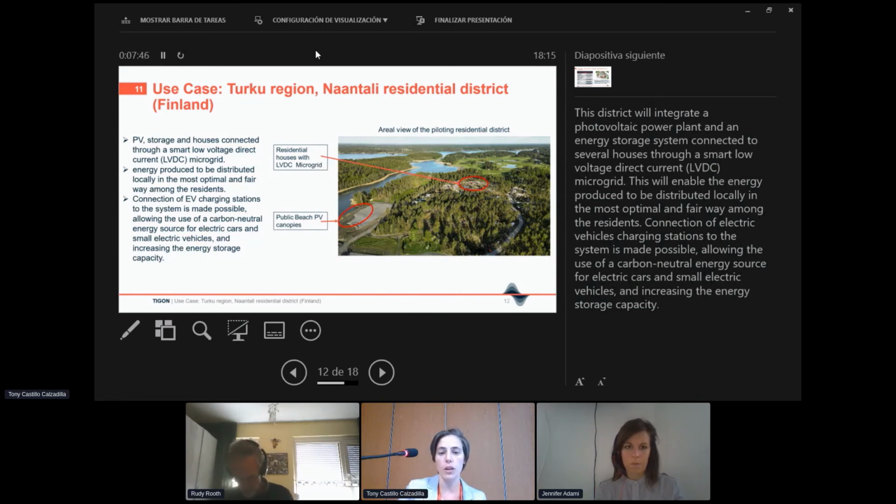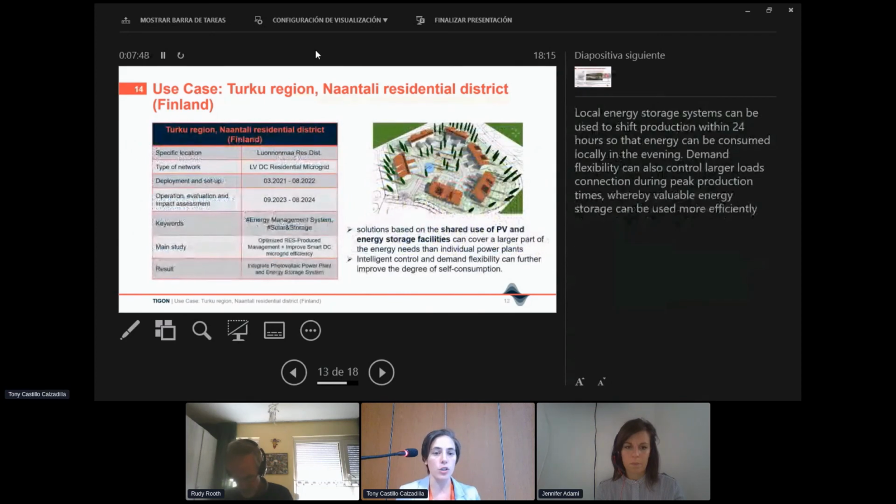The second case, which is again in the Turku region, but related to another district, is the Nantali residential district. And here, more or less, the solution is the same. We have a residential DC microgrid at low voltage, and the solutions are based on shared use of photovoltaic panels and energy storage facility that aim to cover a large part of the energy needs.